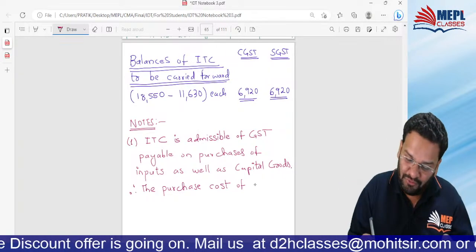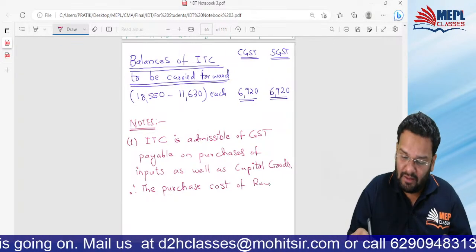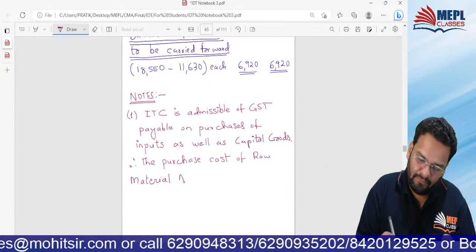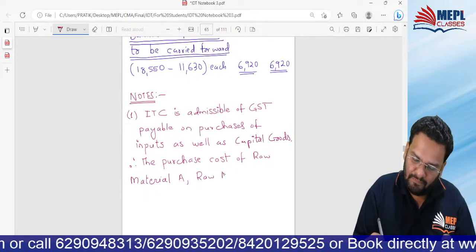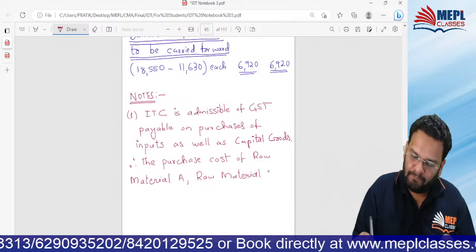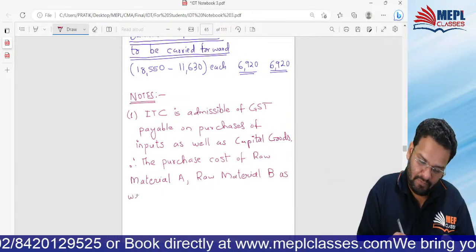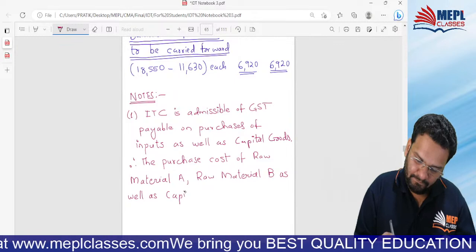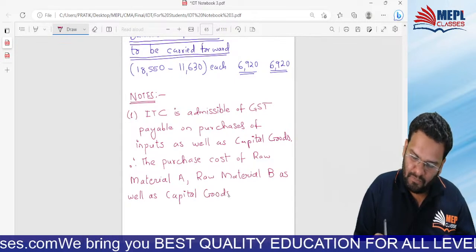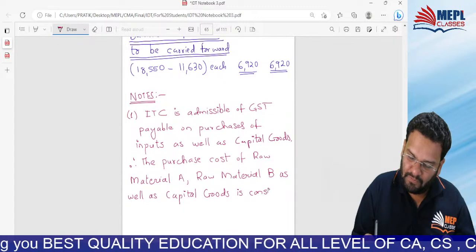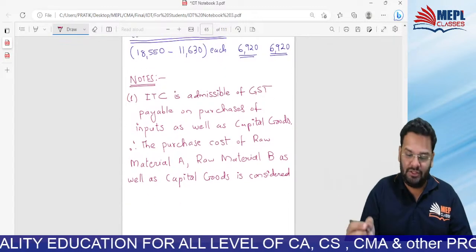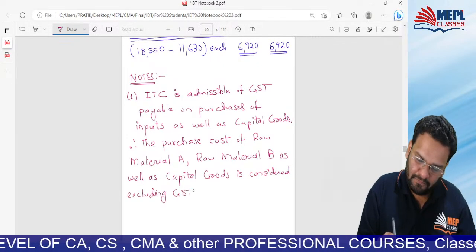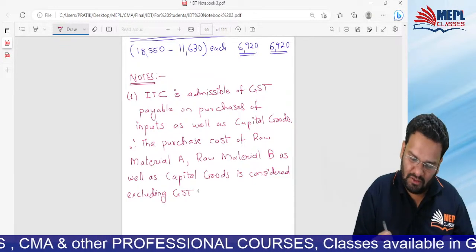Therefore, the purchase cost of raw material A, raw material B, as well as capital goods, is considered excluding GST. Is the discussion clear to all of you?